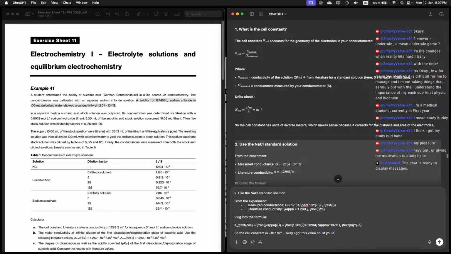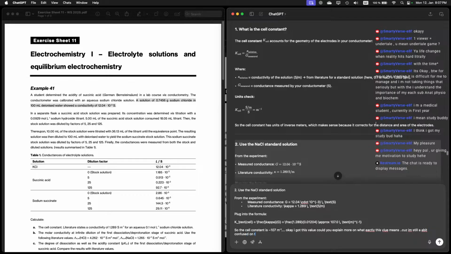Could you explain more on what exactly this value means? Because I'm still a bit confused on the 1 per meter. I get it from an equation standpoint, but I don't get it on a literal scale.